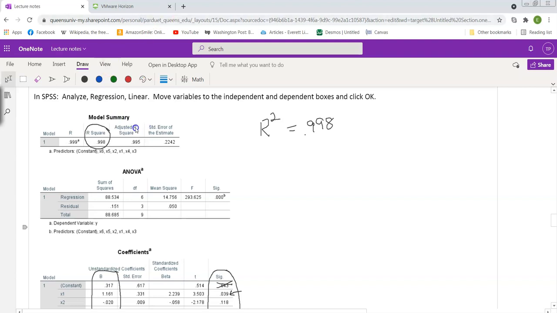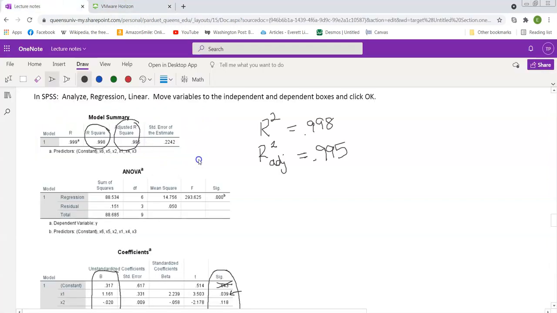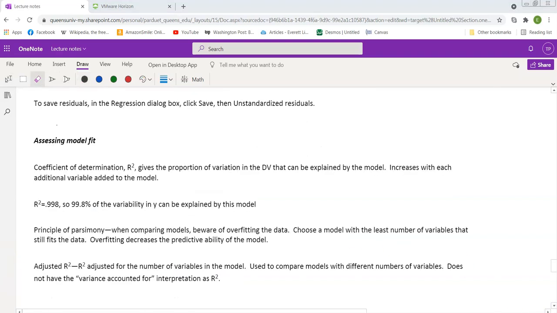So here, our adjusted R-squared is 0.995. And if we were to compare 0.995 to the adjusted R-squared that we get over here, 0.979, we'd have to consider whether it was worth adding those extra variables. So that's the first part of assessing model fit.